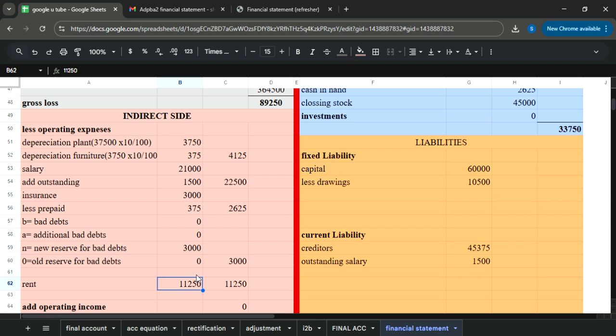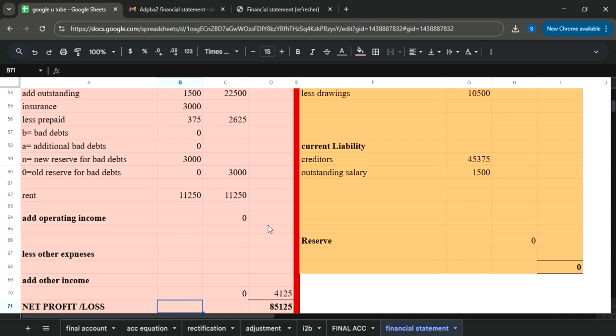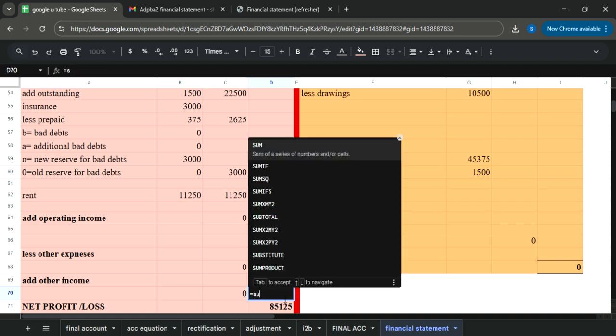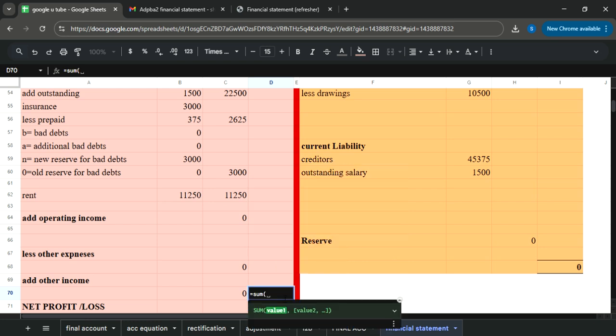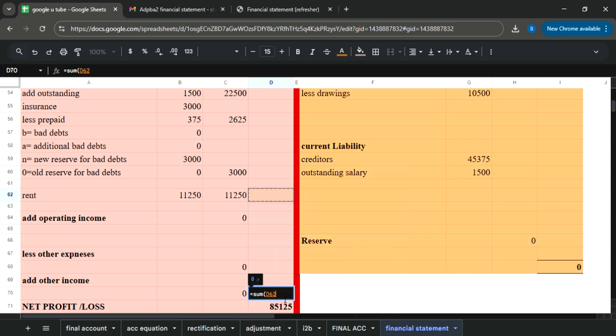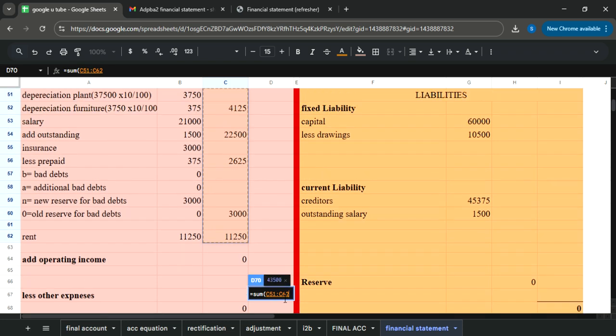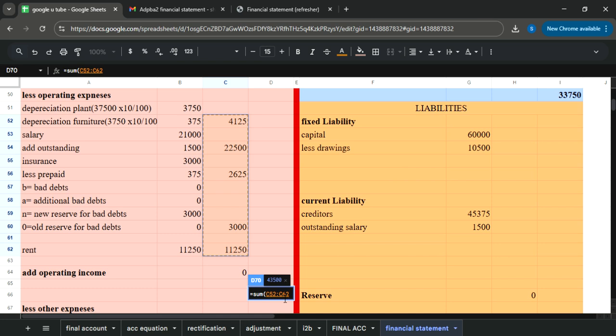So guys, operating expenses are calculated. Over here you can see there is no operating income, there is no other expense, so you may mention 0 over here, and there is no other income as well. So remaining three amounts are 0. Now we are ready to calculate sum of all operating expenses, remaining amount are 0, so we'll not have to bother about those things.